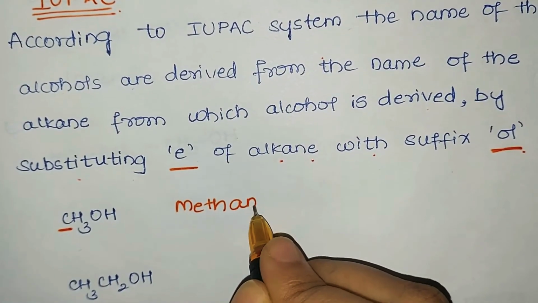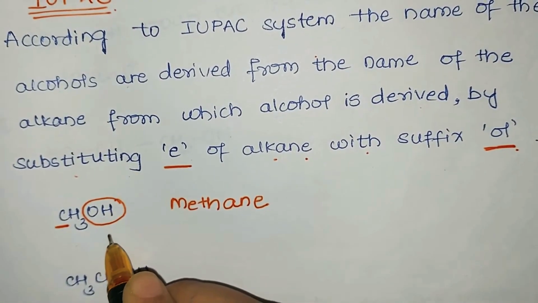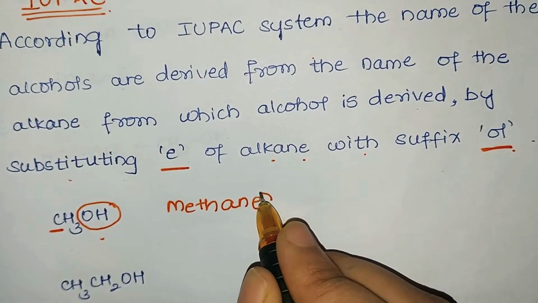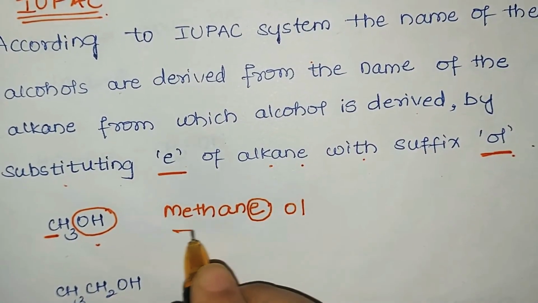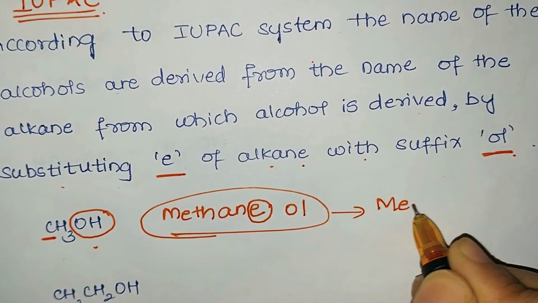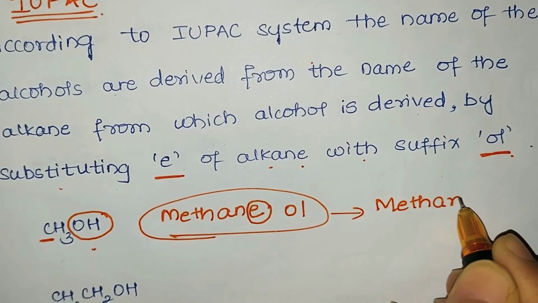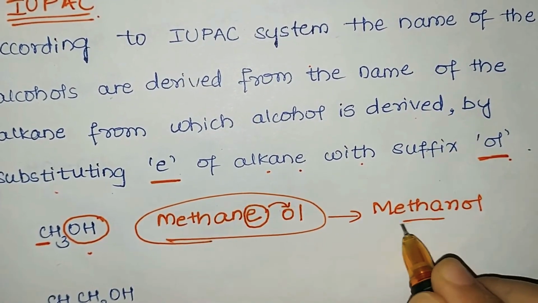It is an alkane, so we say methane. But in the alkane, one of the hydrogens is replaced by an OH group. Thus, the e of the alkane is replaced by ol. Hence, the IUPAC name of CH3OH is methanol.